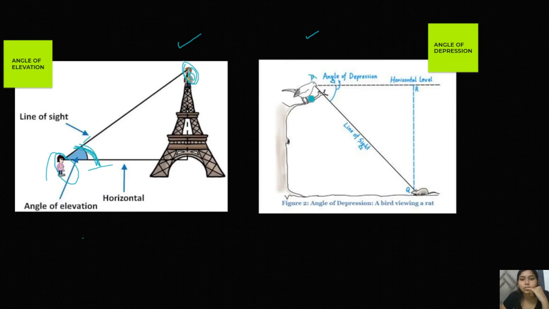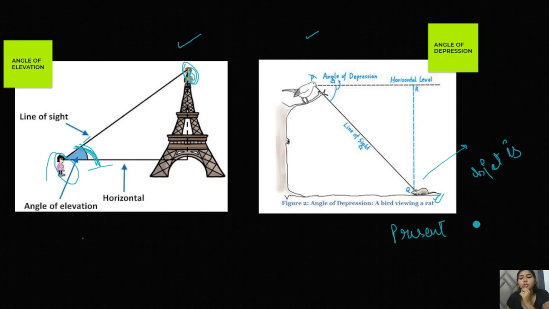Here this is a bird which is present at the top and it is looking at the rat which is present below its eyes. So the angle formed between the horizontal and the line of sight will be the angle of depression, because the object is present below. If you are listening to my lecture, please note it down.